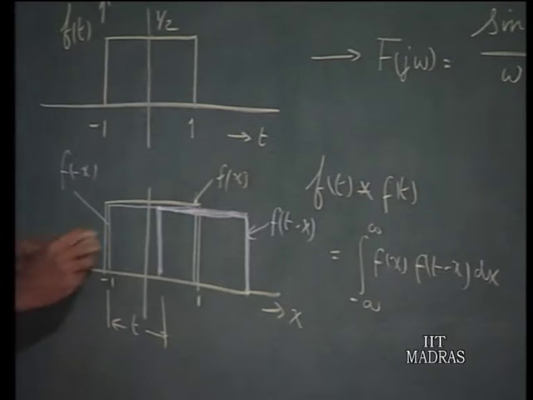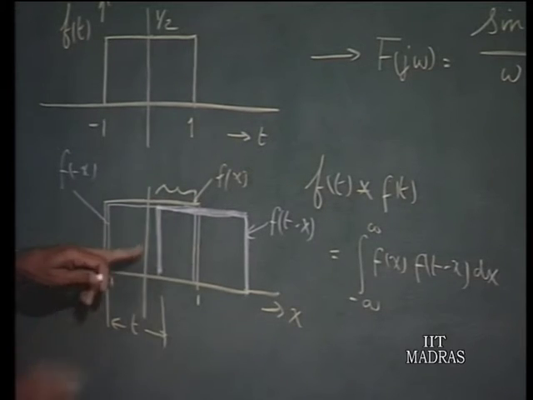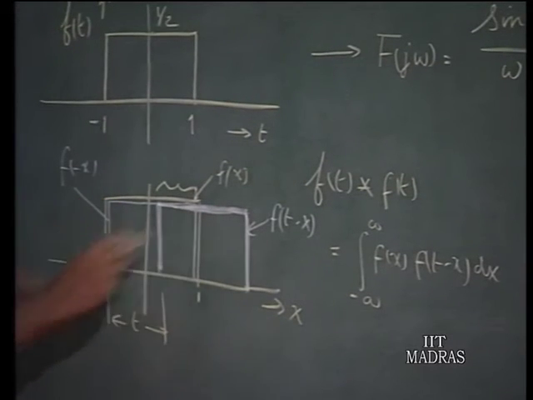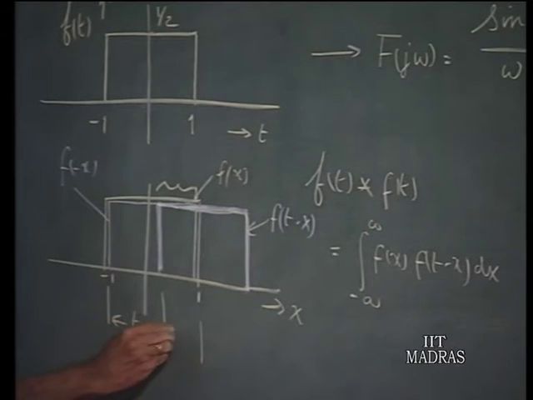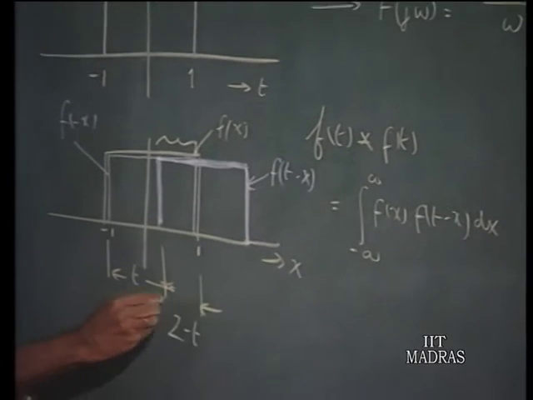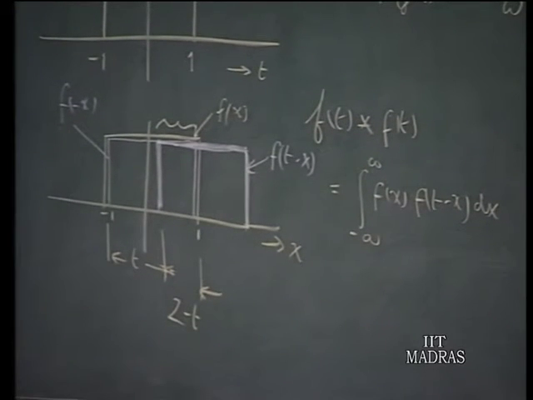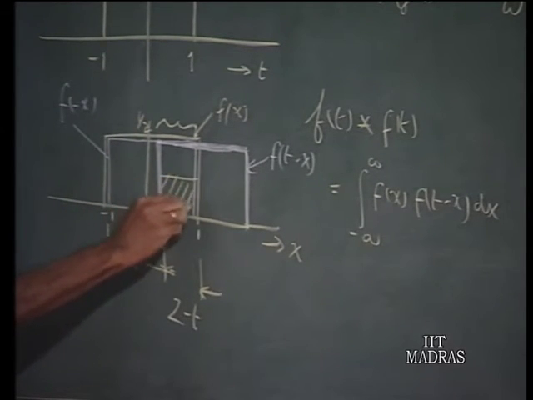So, the overlap interval between f of x and f of t minus x is, this is 2, this is t, therefore, this is 2 minus t. That is the overlap interval between these two, and when you multiply these two curves, each of amplitude half, you get the area under the curve.